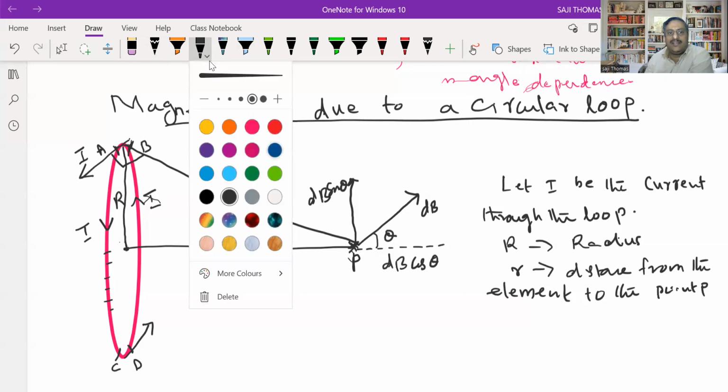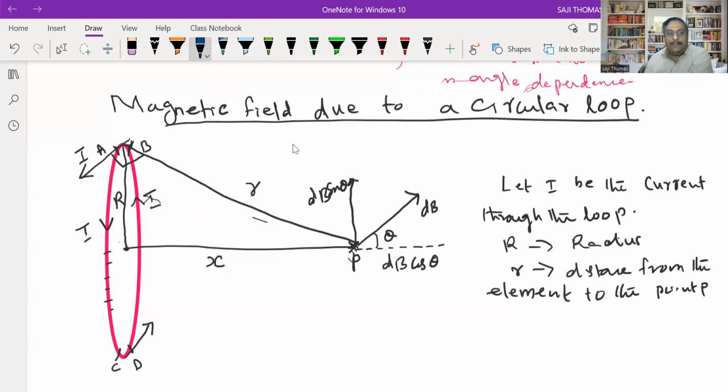So at the point P, this lower element CD produces a magnetic field in the opposite direction, this way. This I am taking as dB dash. But the magnitude of dB and dB dash will be the same, because only the current direction is different. Elements are symmetric.